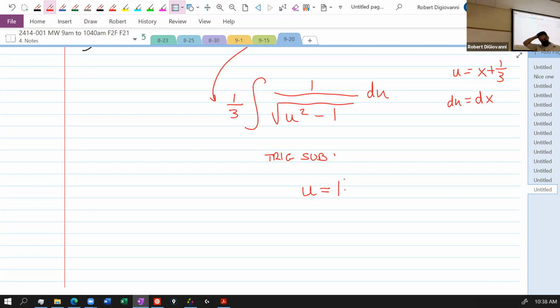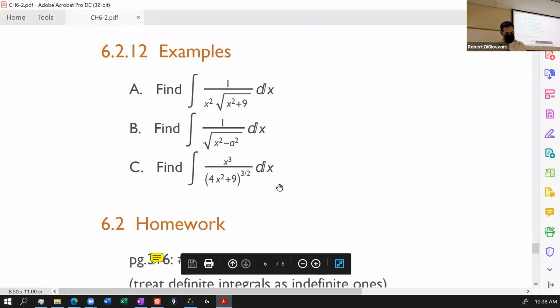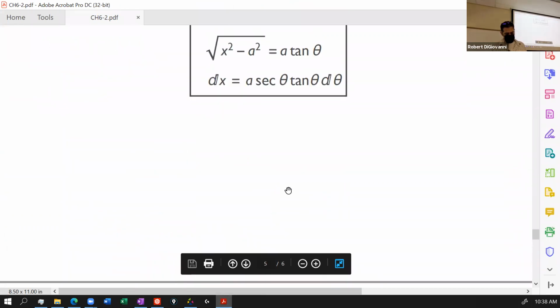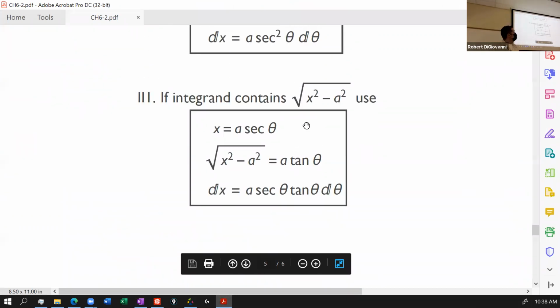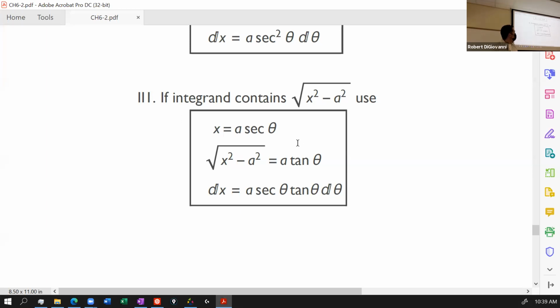Variable squared minus a squared, not secant. It's the last one we did, right? We never ran through it, right? Variable squared minus a squared.